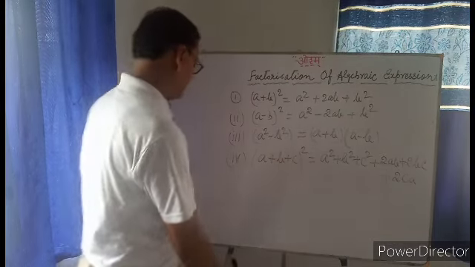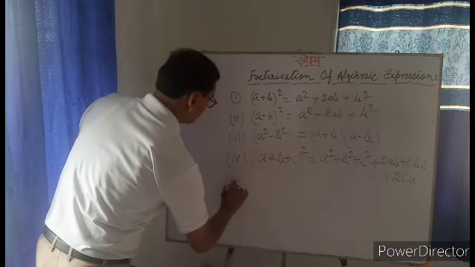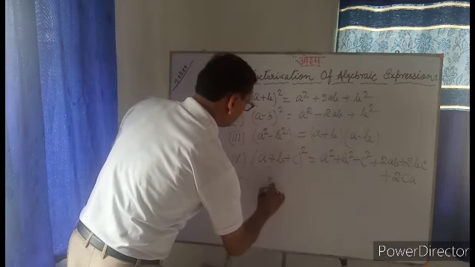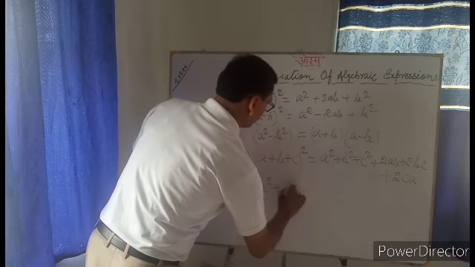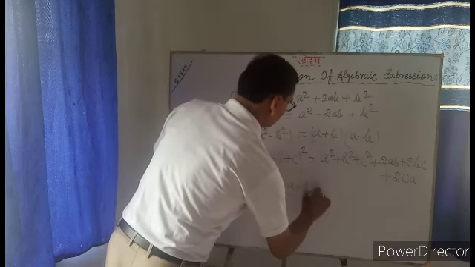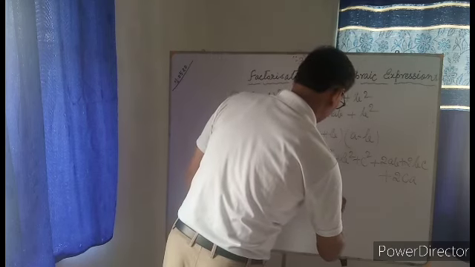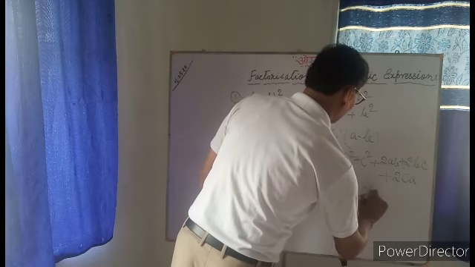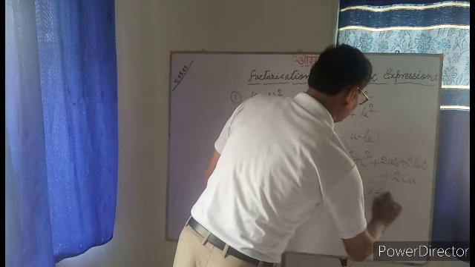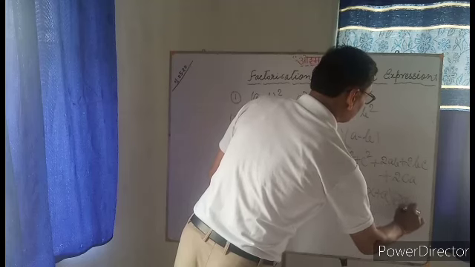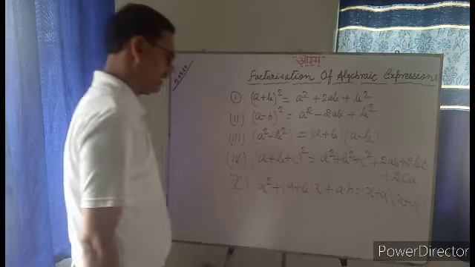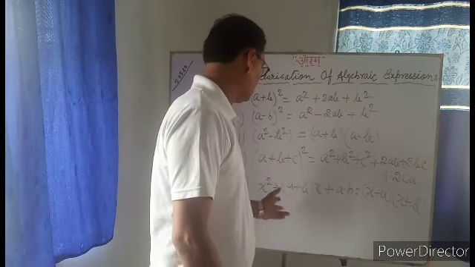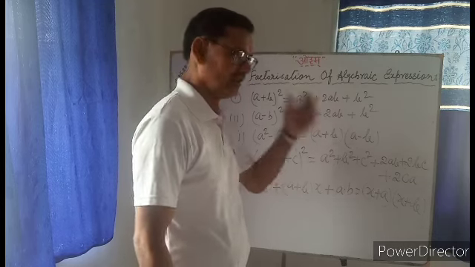This was the fourth identity, and the fifth identity that we had studied was: (x + a) into (x + b), which is equal to x square plus (a + b) into x plus a into b.